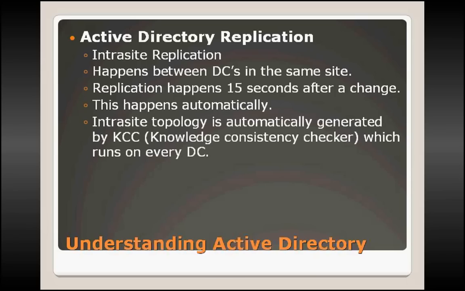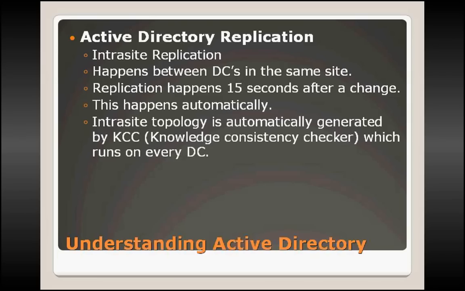The name itself says it happens between the DCs in the same site. Whenever a change happens, the replication happens between the DCs every 15 seconds after the change. So you can think of it this way: you have many servers in the site.